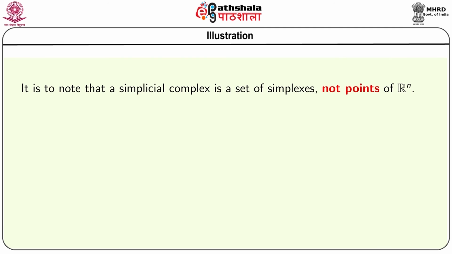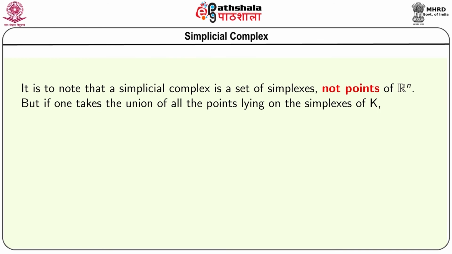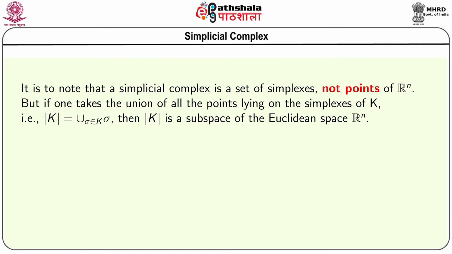It is to note that a simplicial complex is a set of simplexes, not points of Rn. But if we take the union of all the points lying on the simplexes of K, that is, mod K is the union of all sigma, sigma varying over K, then mod K is a subspace of the Euclidean space Rn.